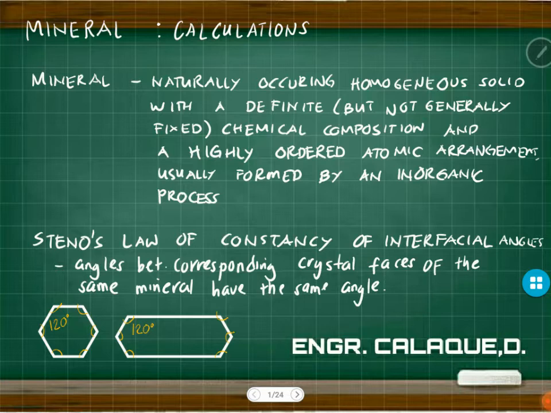According to this law, the angles between the corresponding crystal phases of the same mineral have the same angle. Like as you see in this figure, here we have a hexagonal face, and here it is more of a cylinder in terms of its lid. But anyway, their angle is the same because it is the same face of that mineral. Okay?